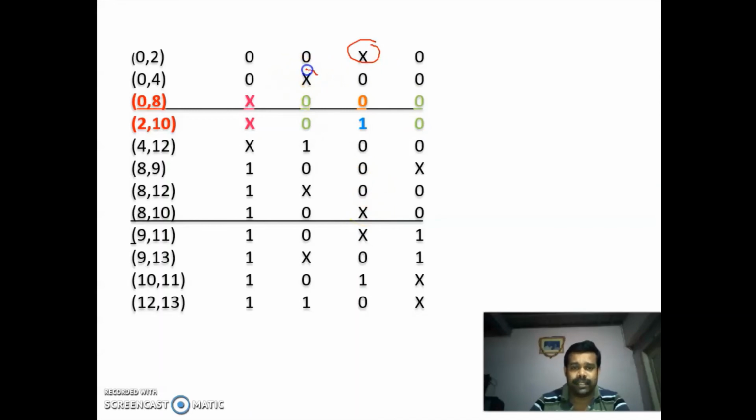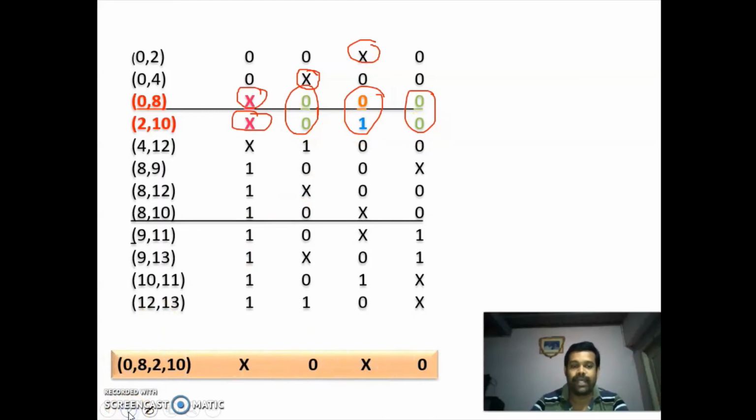Next this x we have checked. Now we are going for the third one. So now we are checking whether we are having x in the first position. Here you are having the first position, and then we have to check whether they are differing by only 1 bit. So it is differing only by this bit. So x0 x0.